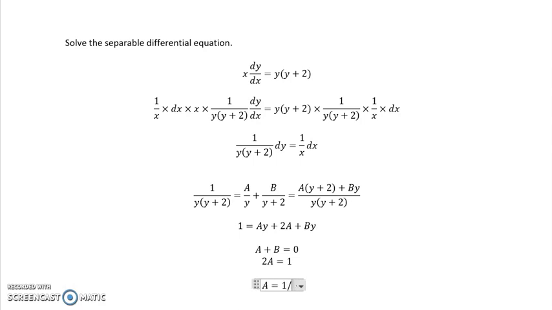And then as a consequence, if a is 1/2, then if a plus b is equal to 0, we know b has to then equal -1/2.